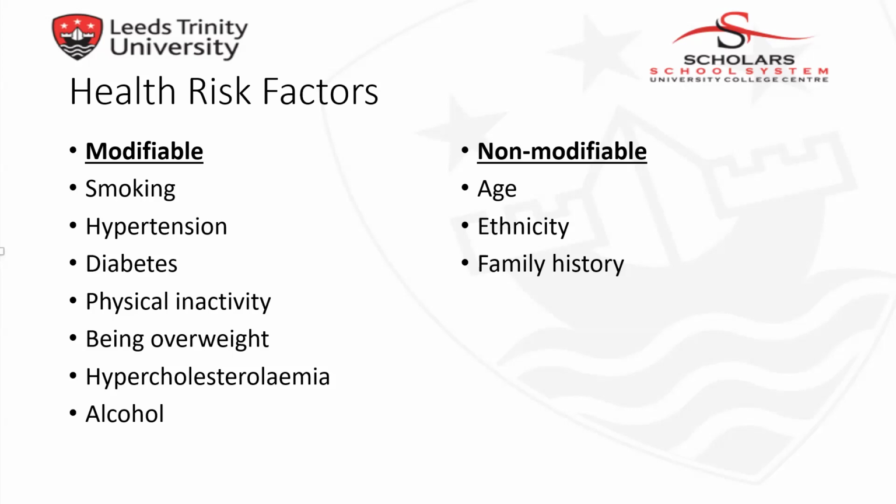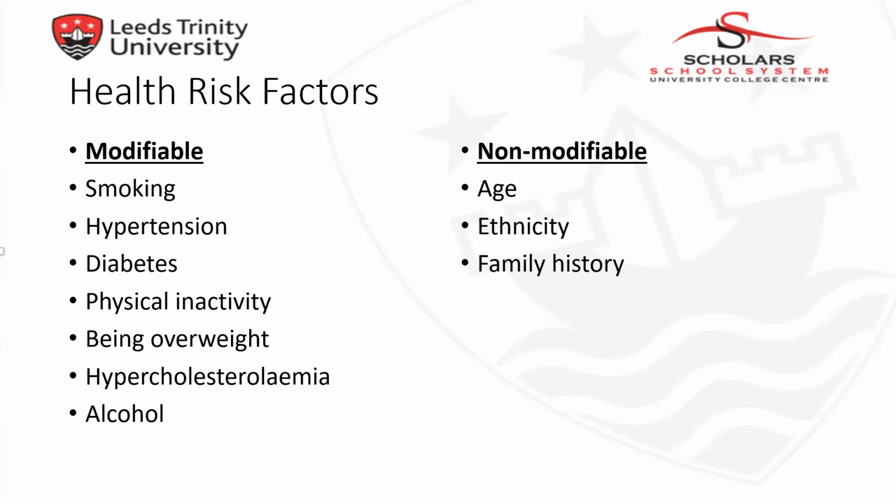Alcohol too. And what are the non-modifiable ones? Age. We can't change our age. If I'm 25 at this time, my age can't be modified. I'm 25, so it's going to stay that way. Ethnicity: no one changes his or her ethnicity, and family history too.